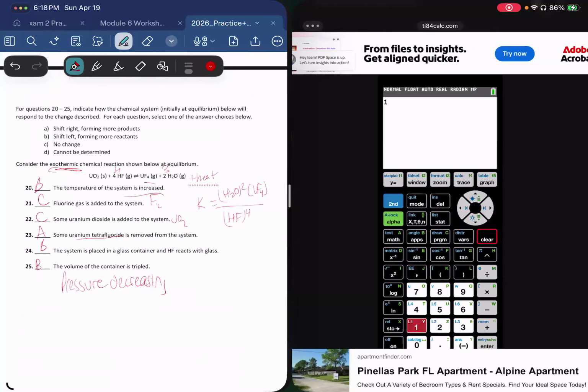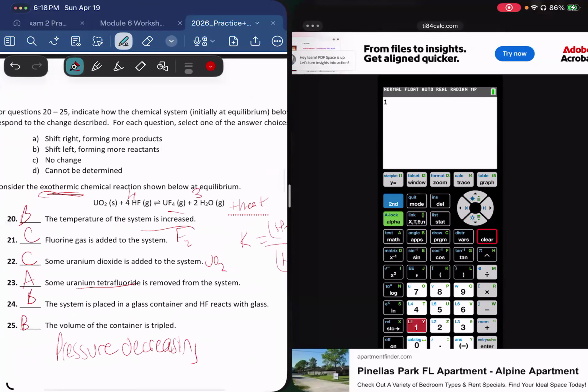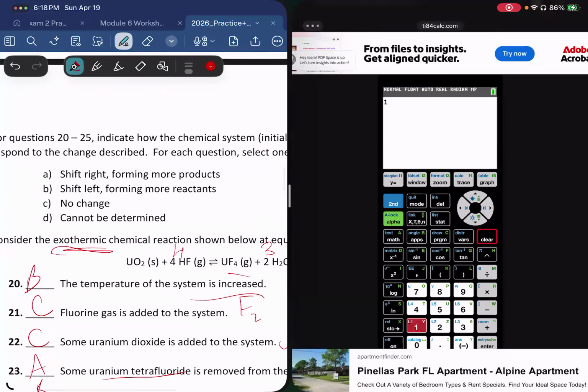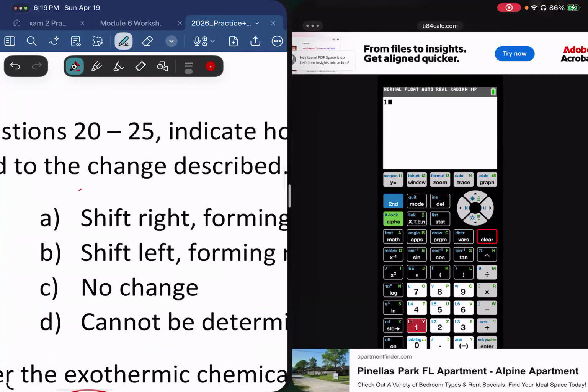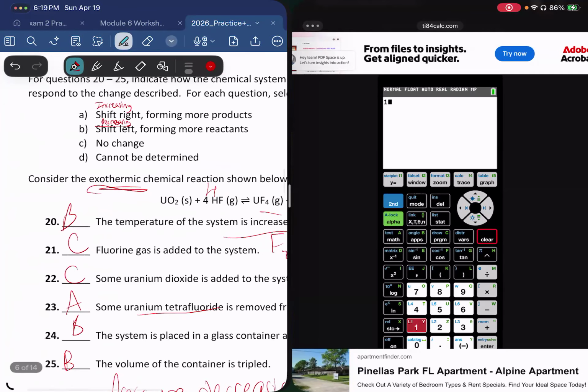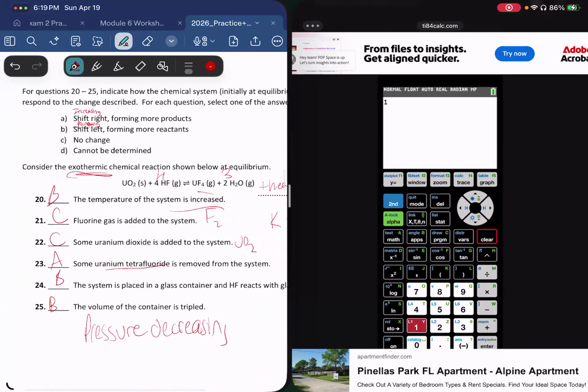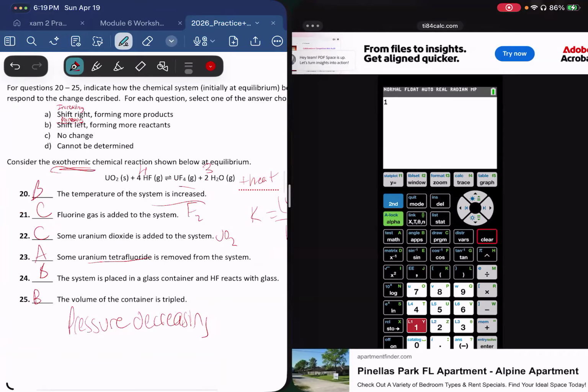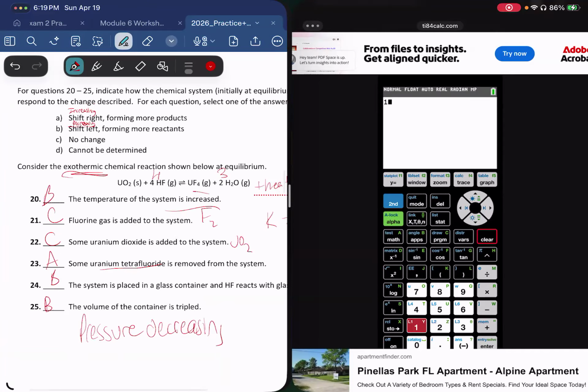There might be a case where, instead of shift right, shift left, no change, it might be increasing or decreasing. For example, if you're removing UF4 from the system, you know it's going to shift to the right.